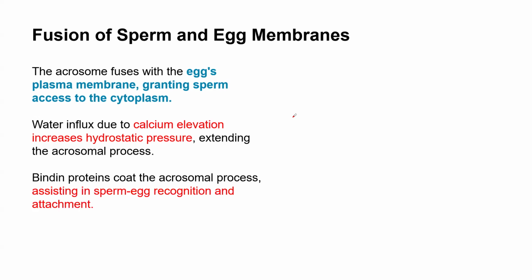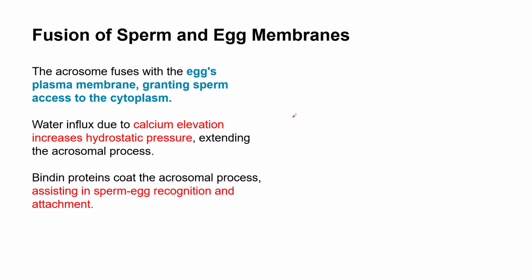And this hydrostatic pressure is very important in extending the acrosomal process. So that is what you call a binding protein cord, the acrosomal binding protein cord. That is the acrosomal process, and this is assisting in sperm-egg recognition and attachment. So that is what you call a binding protein cord on the egg, and there is also an acrosomal protein as a receptor.